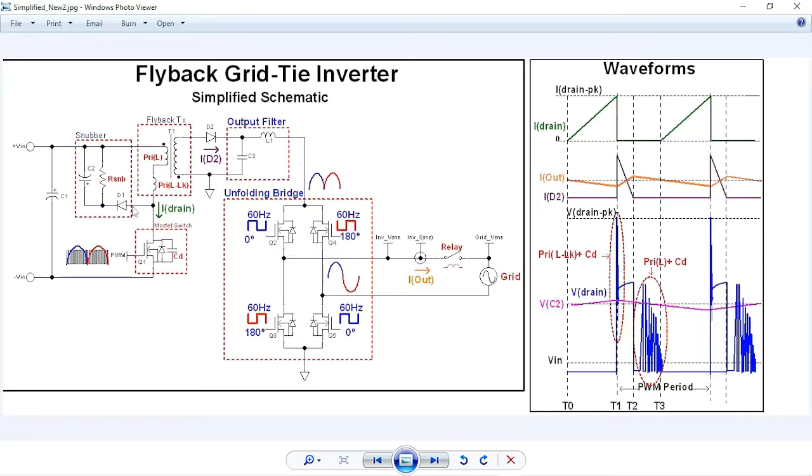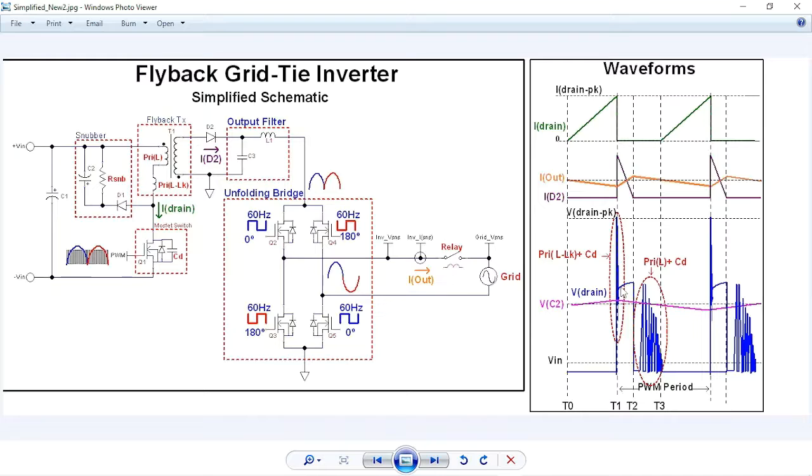It allows this energy to flow into the snubber resistance, dissipating it that way as heat. So now, as we're at T1 to T2, we've taken care of the spike, and the snubber is doing its thing.